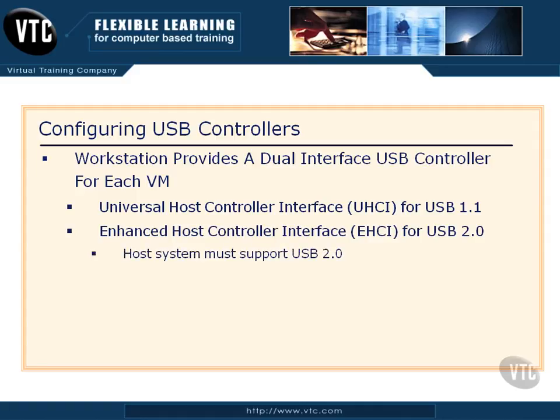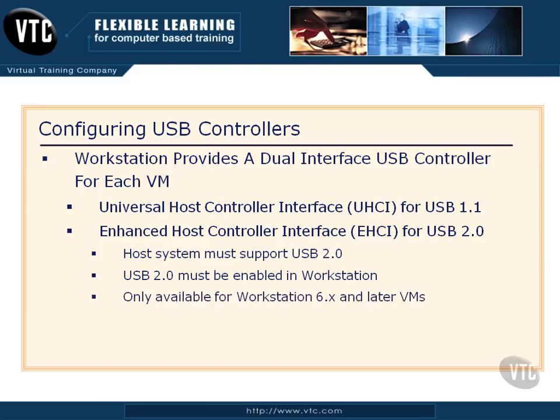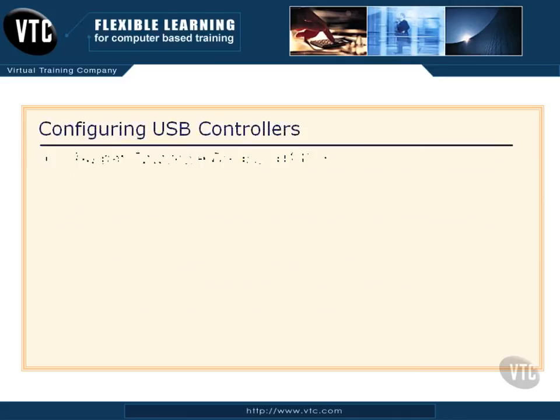Now, the host system must support USB 2.0, because if the physical port's not 2.0, then you're not going to get those enhancements in the speed and all that. USB 2.0 must also be enabled in Workstation, and I'm going to show you where to check that in just a couple of minutes. And 2.0 is only going to be available in Workstation 6 or later virtual machines. So you're going to have that hardware compatibility at 6 or later, and then you should be okay.